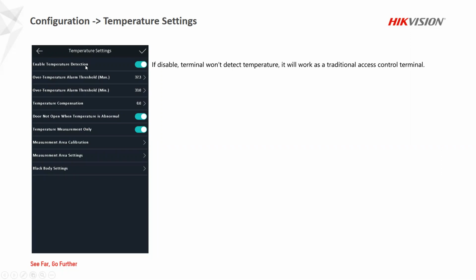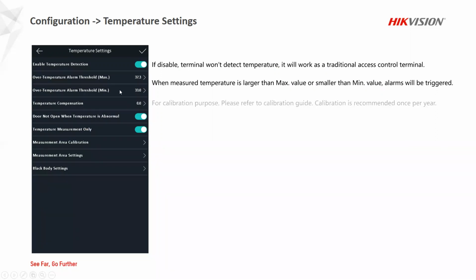By default, it is enabled. If in the future you don't need the temperature measurement, you can disable that function. And this threshold is also pre-configured by default. You don't actually need to set that up. And then this is for the calibration purpose, of course, and for the first time, you also don't need to set it up.